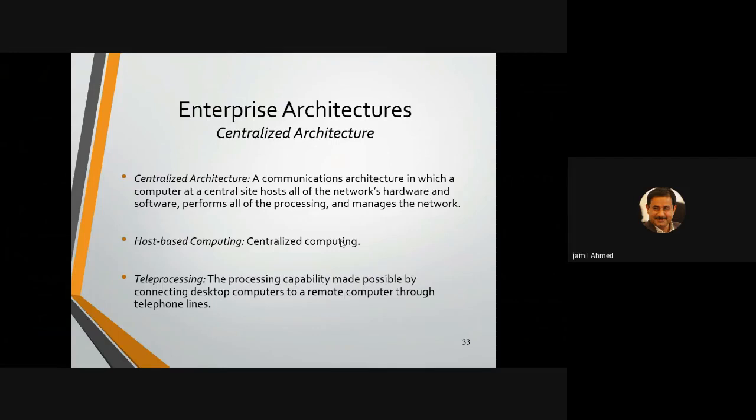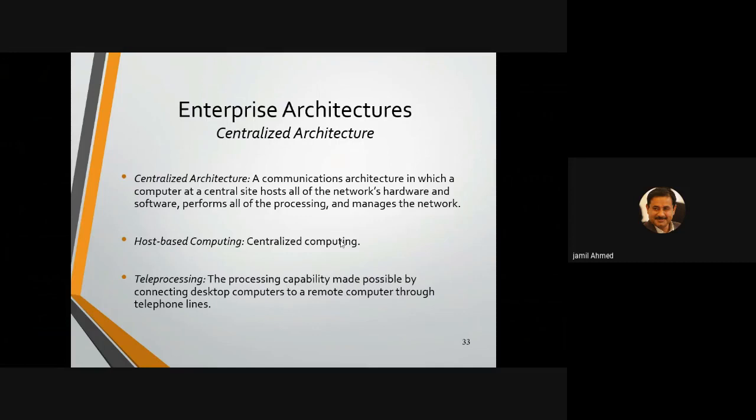So in teleprocessing, the processing capability is made possible by connecting desktop computers to a remote computer through telephone lines. As I have discussed earlier, through the telephone lines, one computer to another computer we can connect.